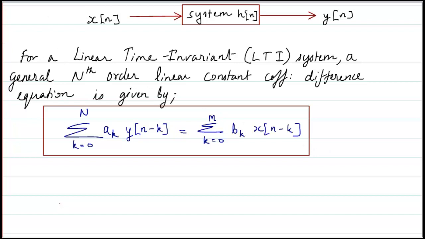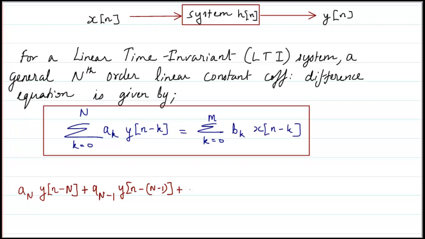So if I expand it, you can see it will be basically aN y of n minus capital N plus a of N minus 1 y of n minus capital N minus 1.